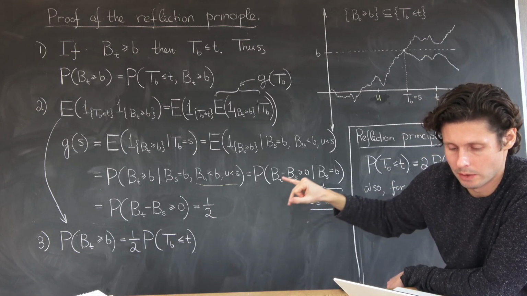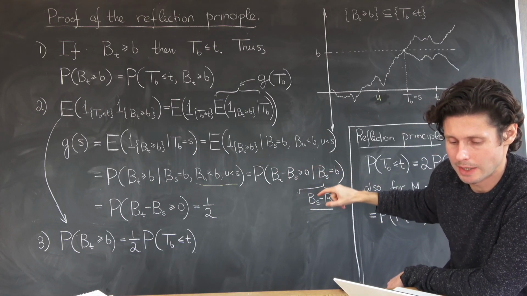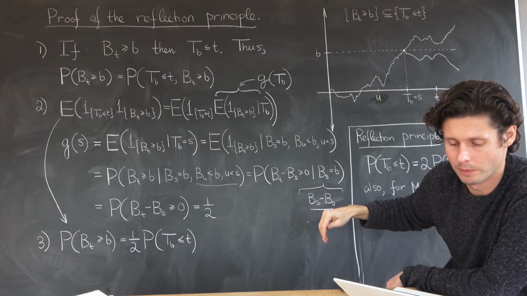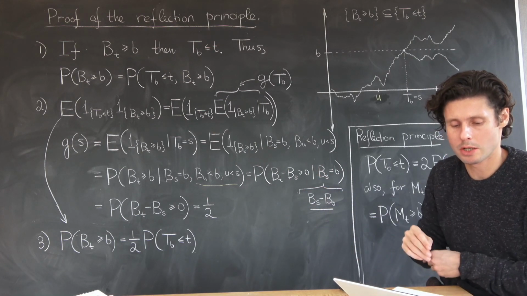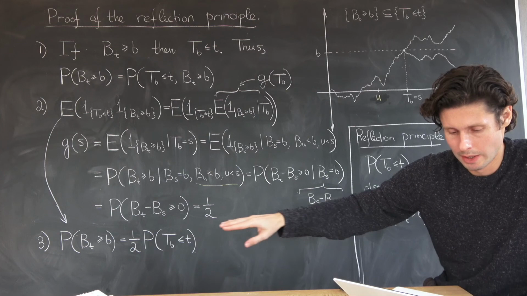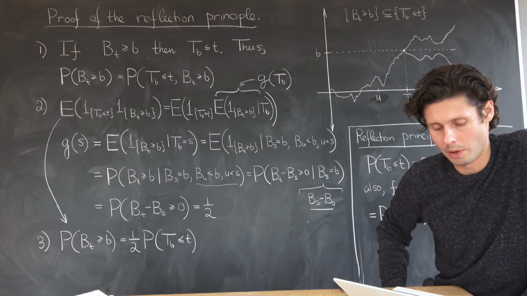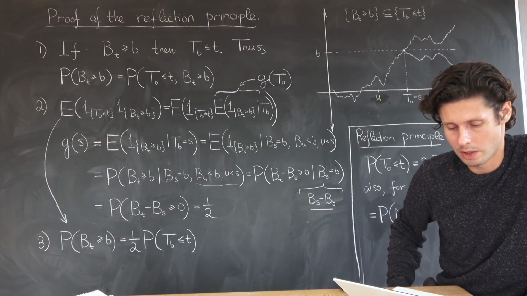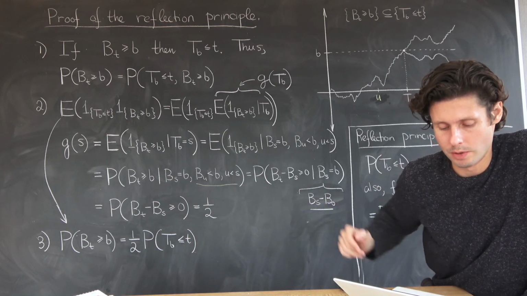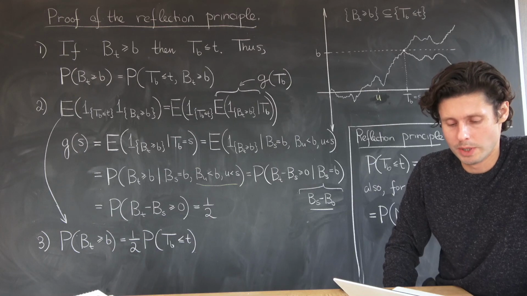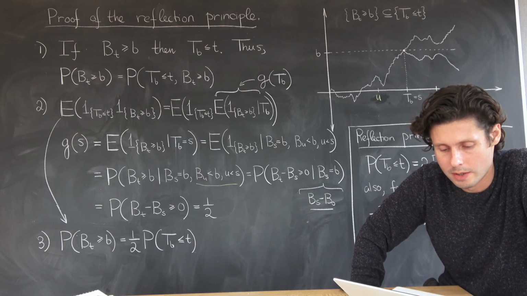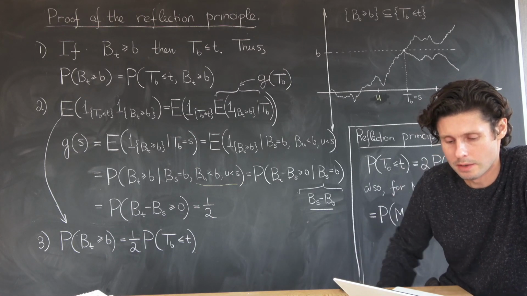And finally, you see that if you're conditioning on something that's independent of the thing that you're computing an expectation or the probability of, you can drop it. It is irrelevant as far as that probability or expectation is concerned. And then finally, what is this distributed as? Well, it's mean zero normal with variance t minus s, and the variance is irrelevant.